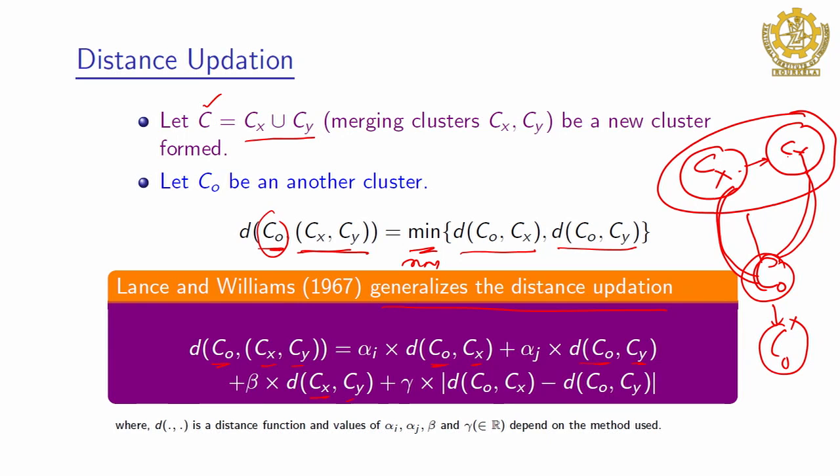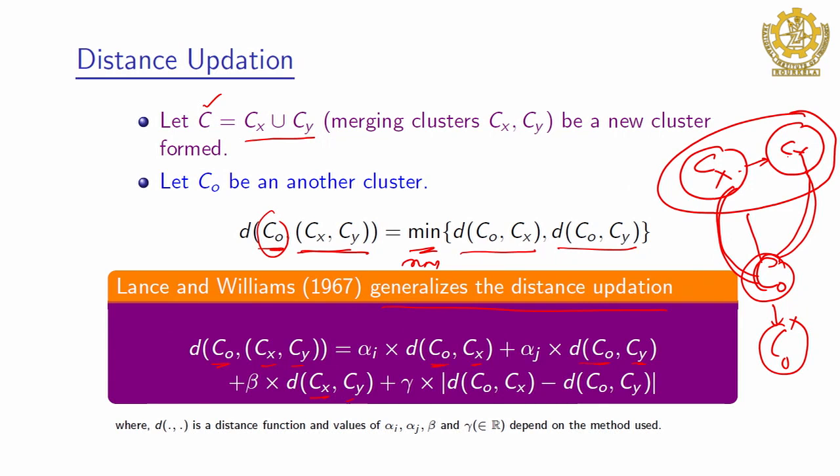Okay. So, that is called the Lance-Williams formula for updating the distance matrix. This is a generalized formula. So, it is applicable to single linkage, complete linkage and other linkage algorithms.